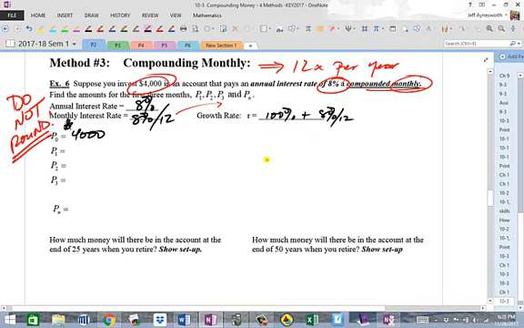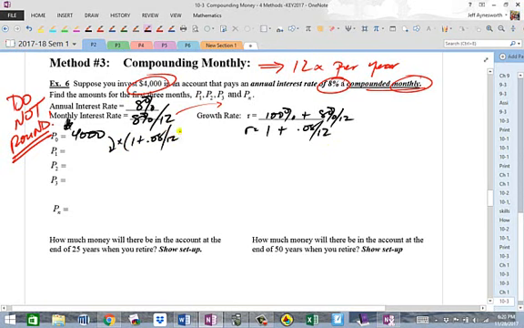So r is equal to 100%, which is 1, plus 8%, which is 0.08, divided by 12. There's your growth rate in exact form, not rounded. So we multiply this times the quantity 1 plus 0.08 divided by 12.